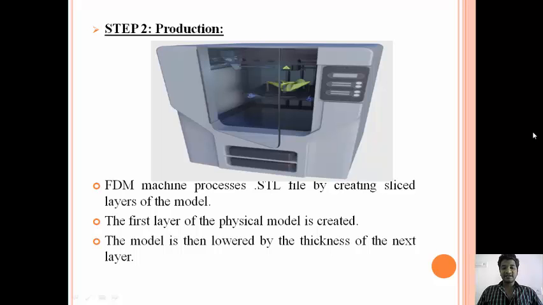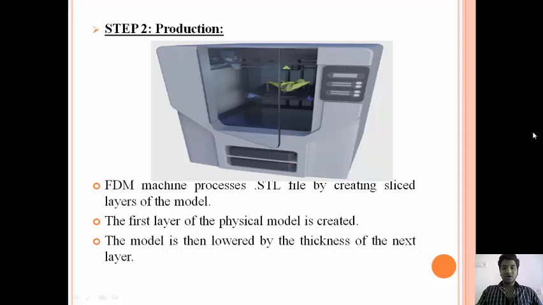It slices the model, and the first layer of the physical model is created. The process works in three mutually perpendicular directions: X, Y, and Z. The bed mainly moves in the X, Y direction.